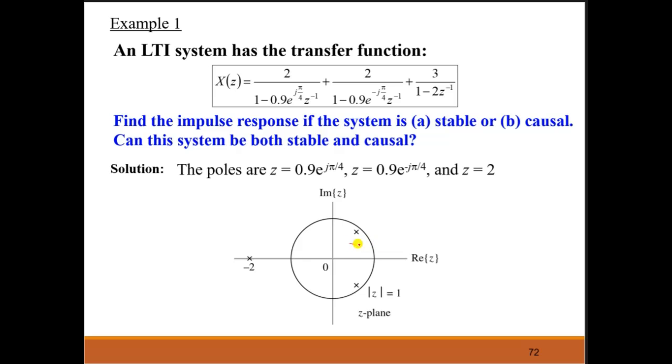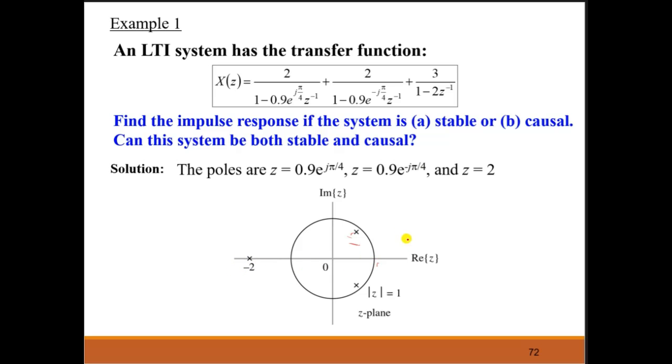So you have the poles being at this positive 0.9, and then you have negative 0.9, alright, and 0.9 e to the power of negative j pi over 4. So this is the unit circle, and then you have 2.